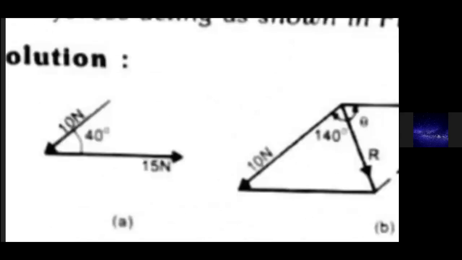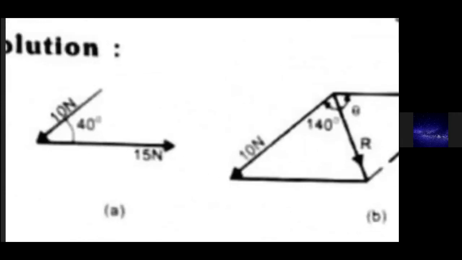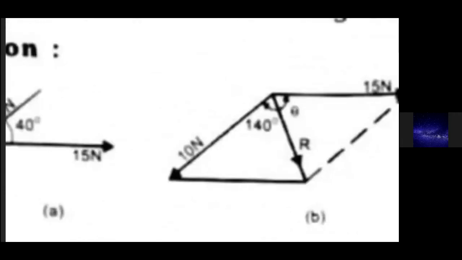See here, the directions are up like this. We first have to find the angle between 10 newtons and 15 newtons. In the figure, we'll get the total angle as 180 minus 40 degrees.